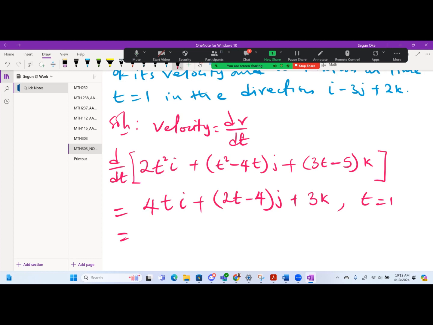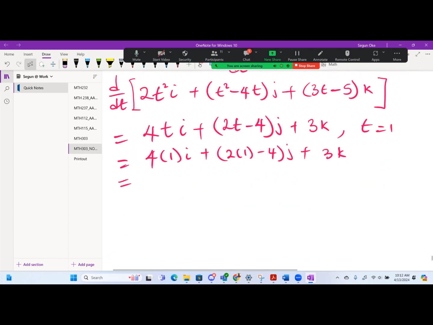So you have 4 of 1 i plus 2 of 1 minus 4 j plus, there's no t here, we just write 3k. At the end of the day, we have 4i minus 2j plus 3k. So we have this back.